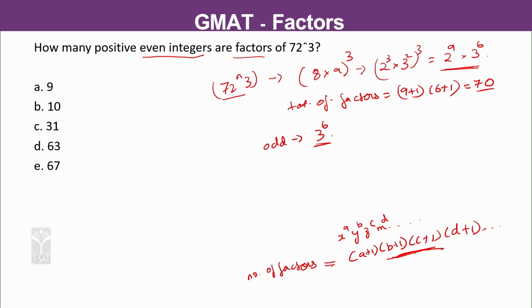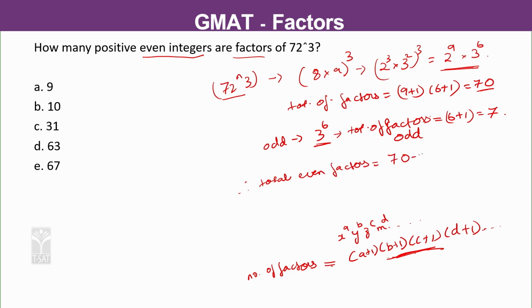So, for it to be odd, the total number of odd factors will be equal to 6 plus 1, that is equal to 7. Therefore, the total even factors will come out to be the total factors, that is 70, minus the total odd factors, that is 7.